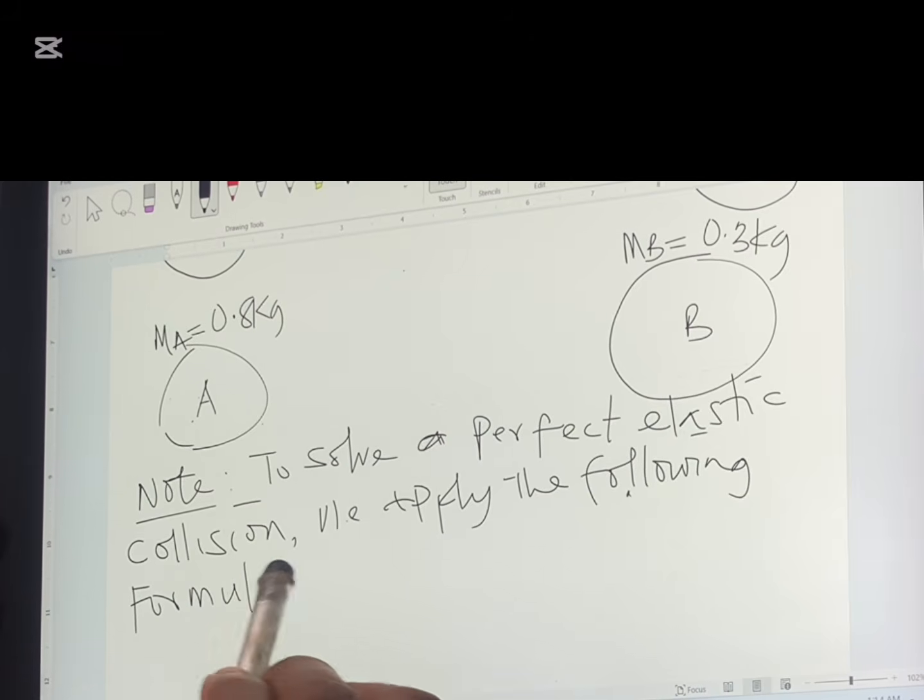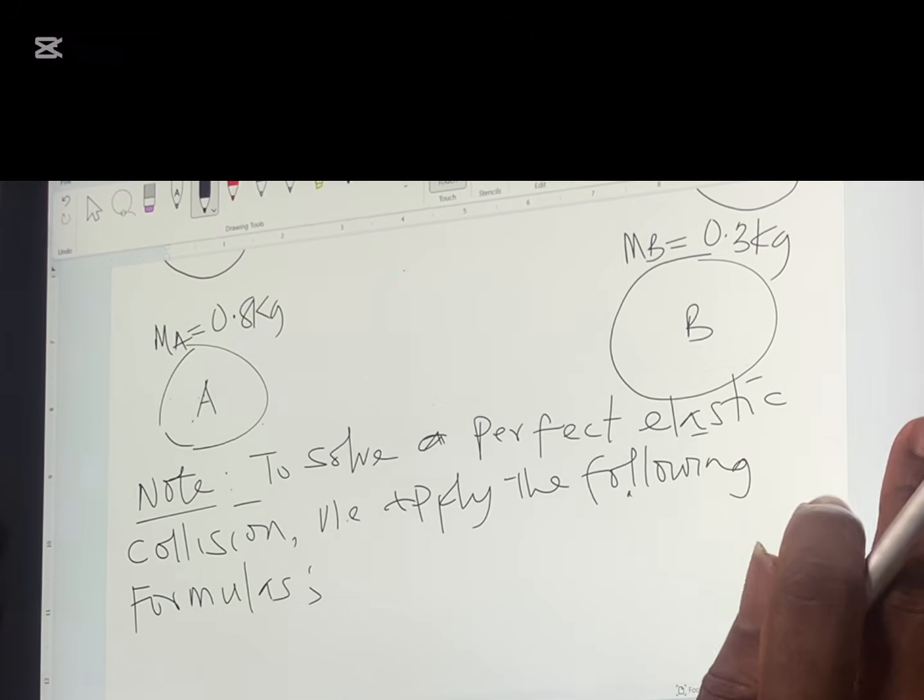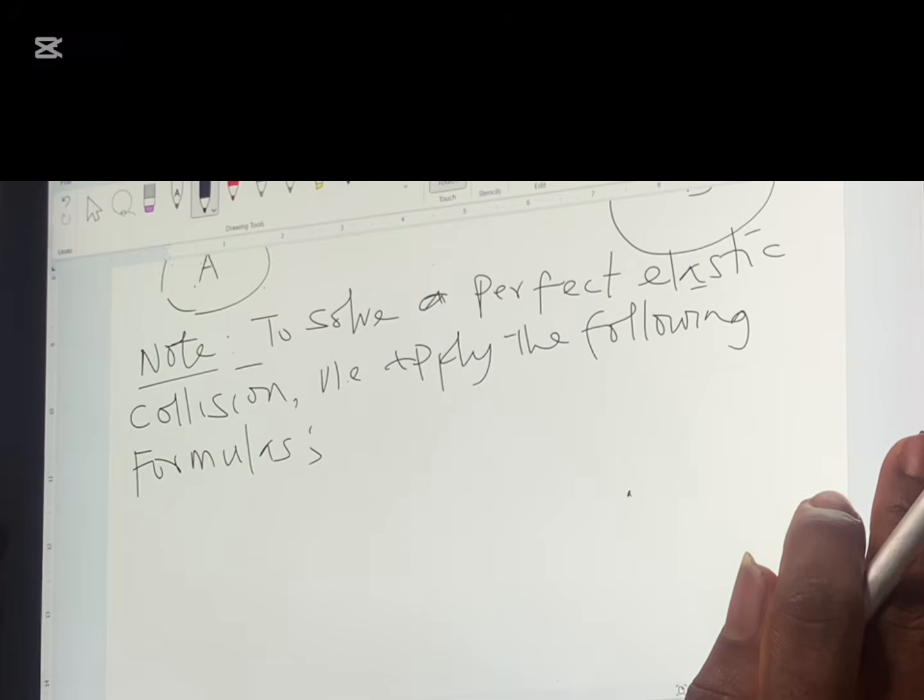Okay. Now we apply the following formulas.